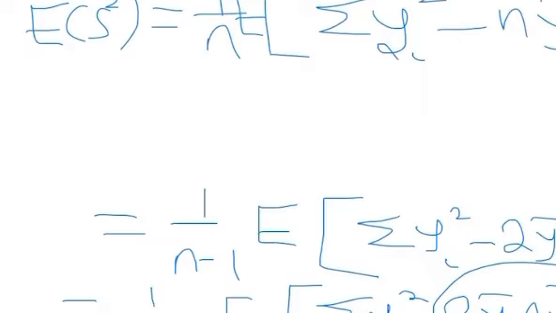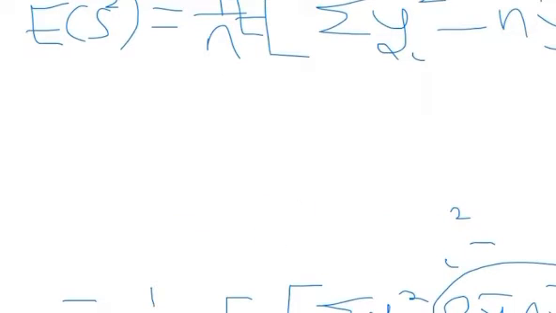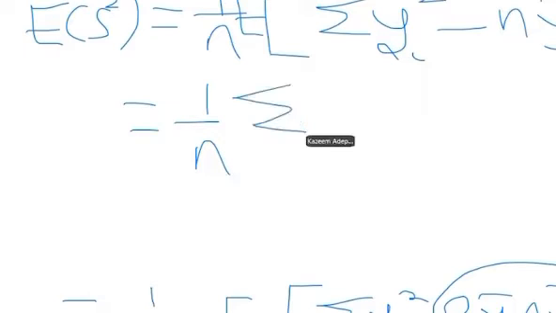Now I want the expectation to go inside. I'm going to rewrite this as 1 over n minus 1, summation from i equals 1 to n, the summation coming out, of the expected value of y squared minus the expected value of y bar squared. Some of you may be wondering about the n in n y bar squared.